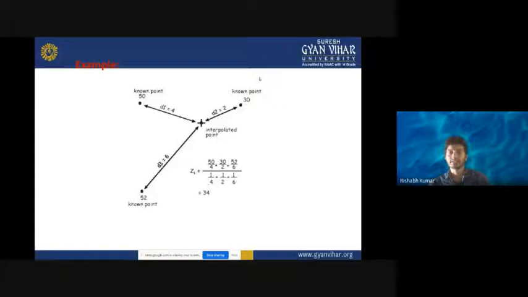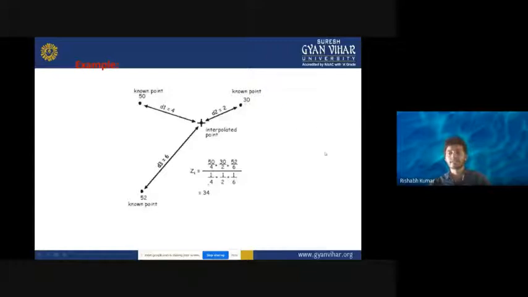And how do we assign weight? We assign weight according to distance. The more the distance between these 2 points, the less influence it will have. So influence will be 1 by distance. Okay, the weightage given to each measured point is going to be 1 by distance.